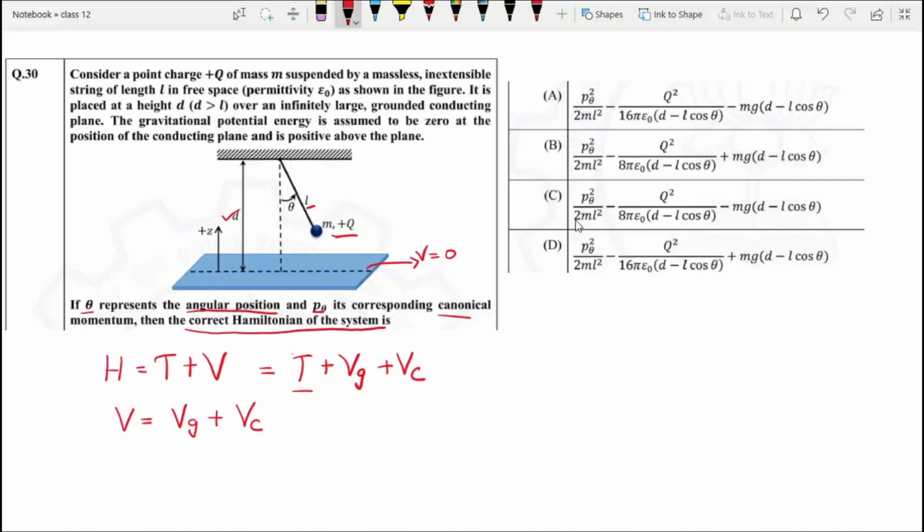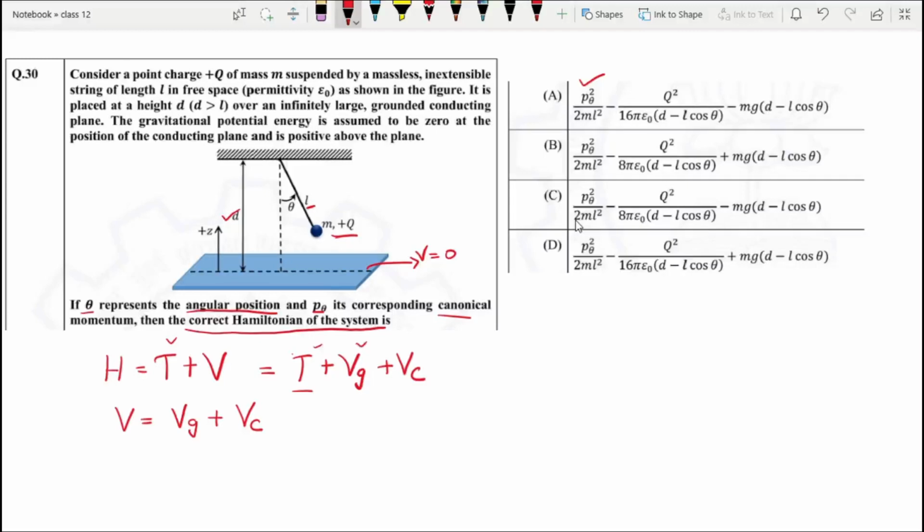Now if you look at the options, we can say that P theta square divided by 2m L square is the kinetic energy part. We cannot eliminate any option based on it because it is present in all the options. First I will tell you how to calculate the kinetic energy and the potential energy due to gravity.